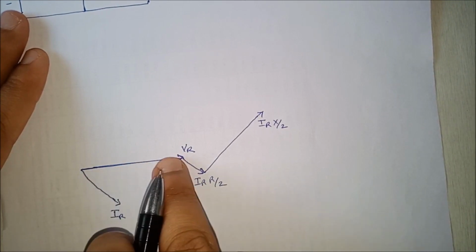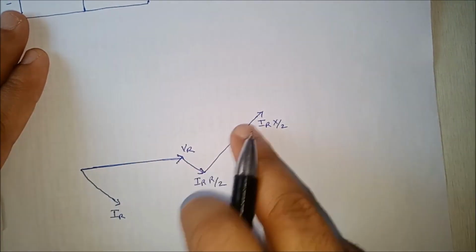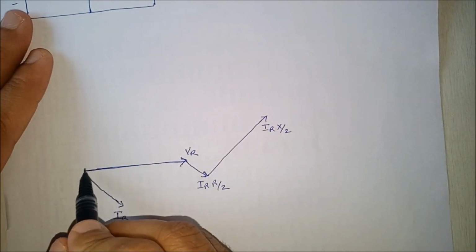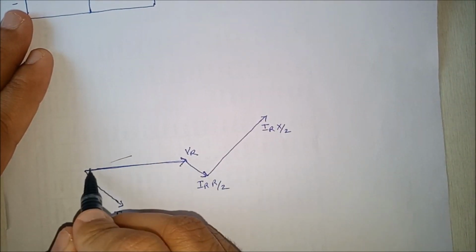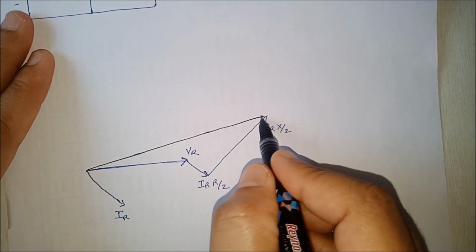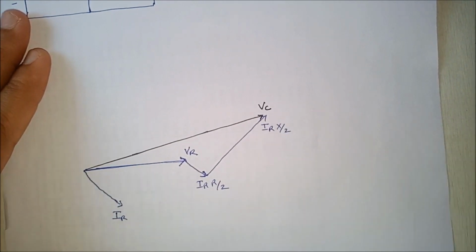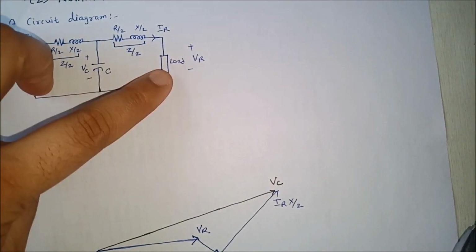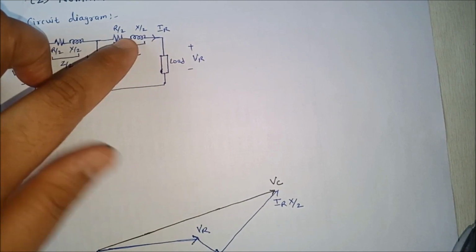Now if you add VR, IR into R by 2 and IR into X by 2, we will get VC. I will indicate that in black color. So this will be the capacitor voltage VC, because VC is VR plus IR R by 2 plus IR X by 2.